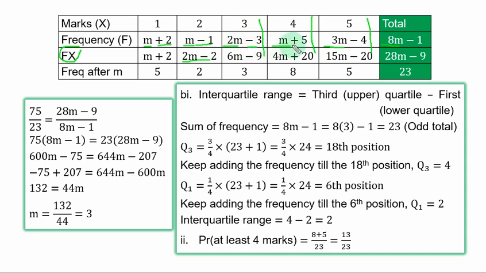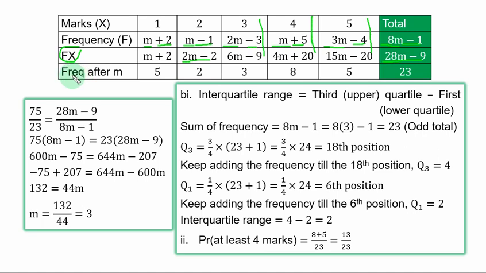Minus 2 plus 5, you have plus 3. Plus 3 minus 4, you have minus 1. So you have 8m minus 1 as the sum of frequency. If you add fs, you have 28m minus 9.